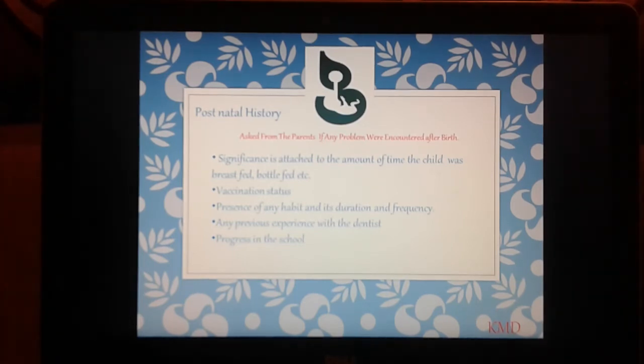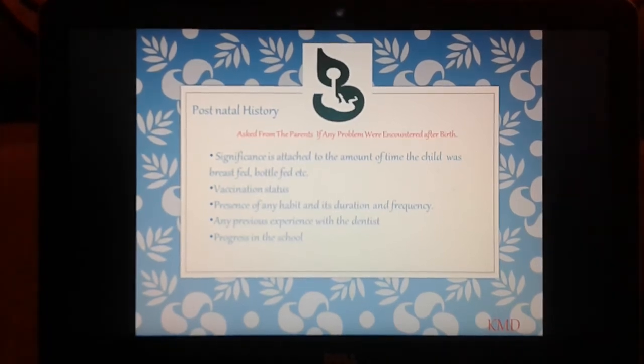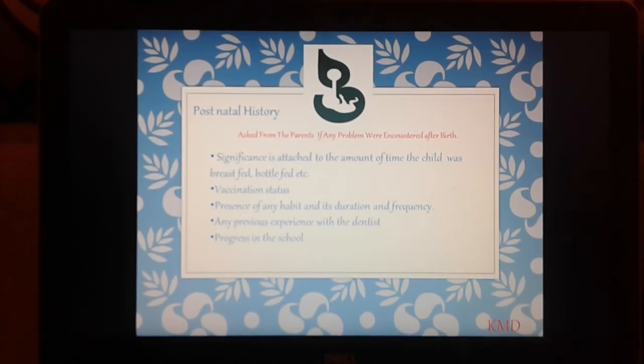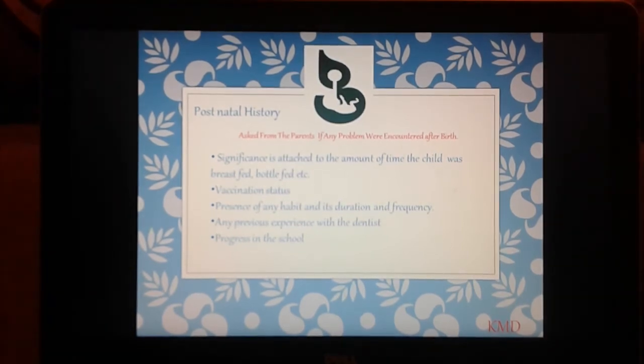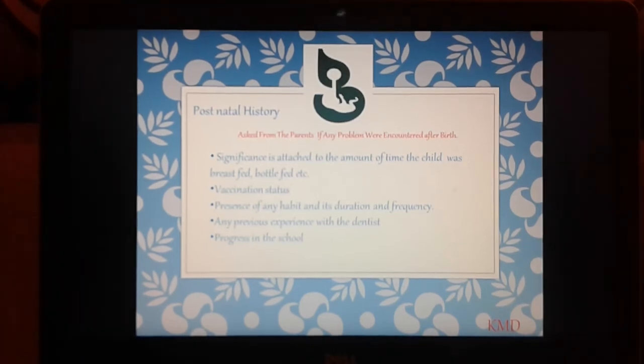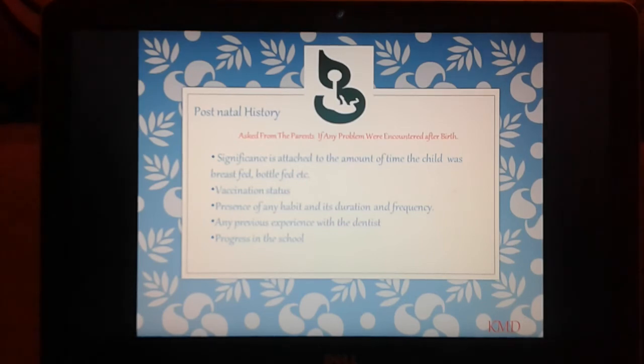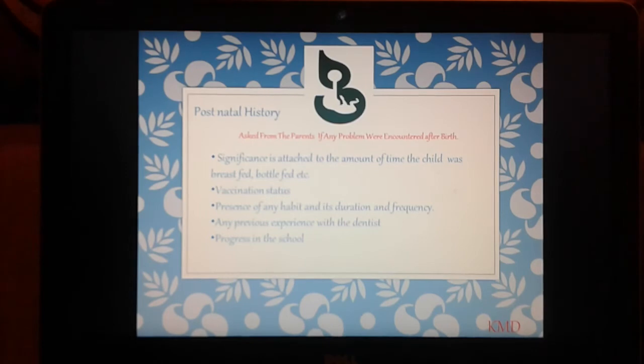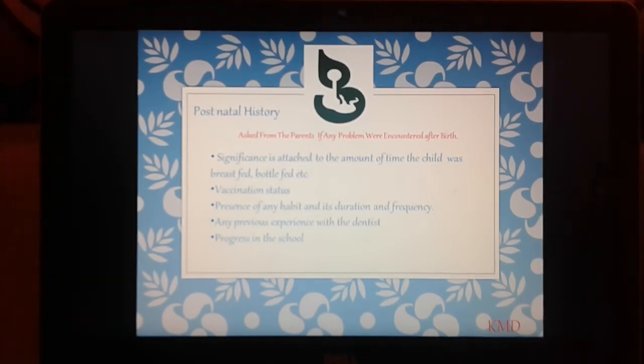The vaccination status is also needed, which is to be assessed along with the present illness, if any, and the presence of any habit and its duration and frequency, and any previous experience with a dentist, and what bearing it has on the present visit is also very important. And finally, it's also important to note the progress of the child in school and how he interacts with the children. This will indicate the development of the child's emotion, and also the cognitive development and behavior of the child.